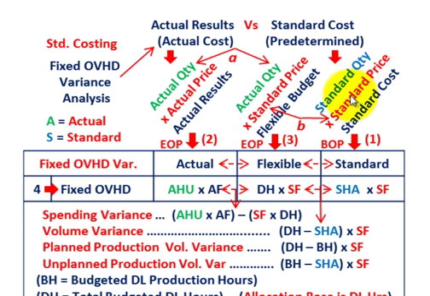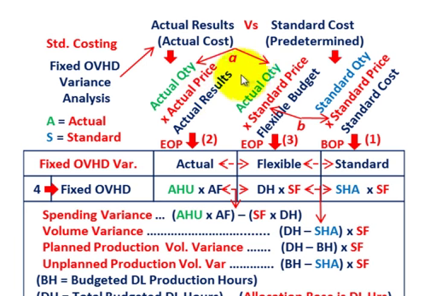That would be our standard cost. Then our actual amount would be the actual results for the period, where we have our actual quantity of fixed overhead versus our actual price, all on a per unit basis. So the actual quantity times the actual price is our actual results for this fixed overhead.